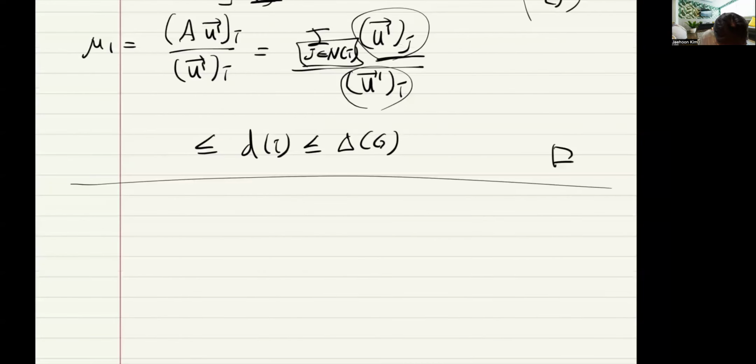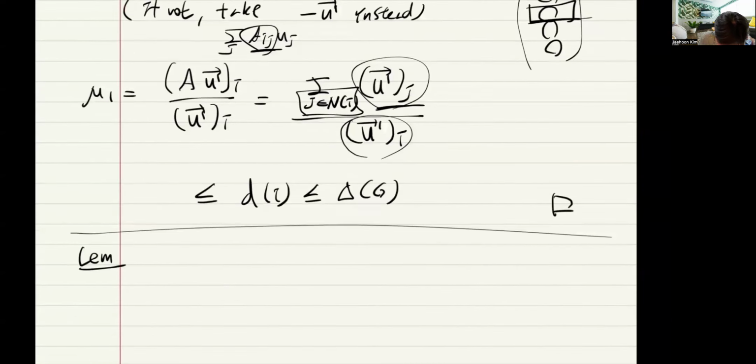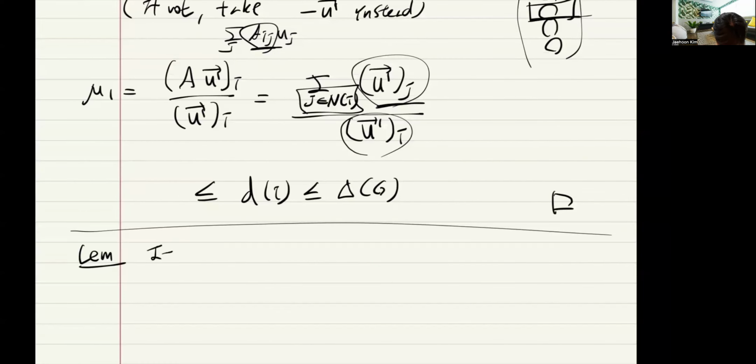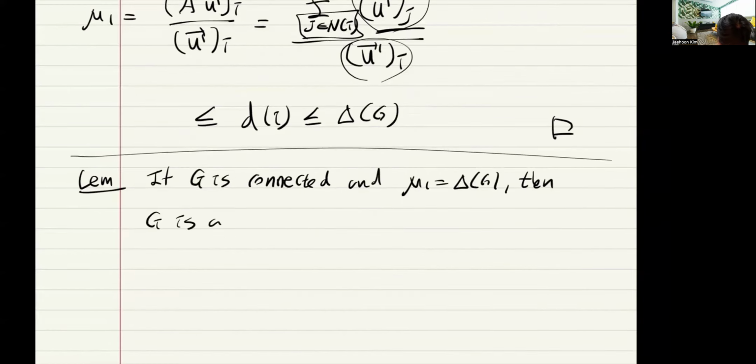Moreover, by analyzing this proof more closely, what we get is that if G is connected and if this mu1 is the same as the maximum degree, then G is a regular graph.